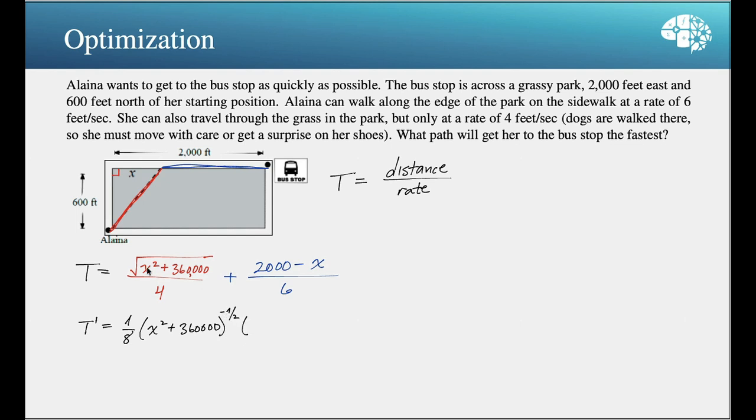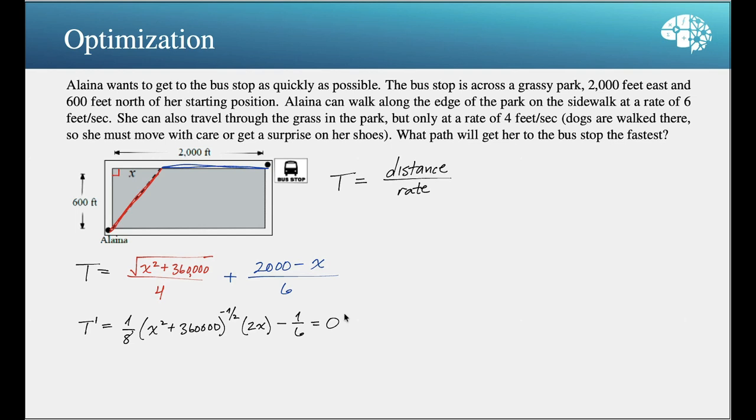And then by the chain rule times the 2x. Okay. And then the derivative of this portion right here, well, the derivative of 2,000 is 0, minus x is a minus 1, and then over the 6. So this is the derivative. And because we are looking for the minimum time, we are going to set this equal to 0 and find what our critical numbers are.